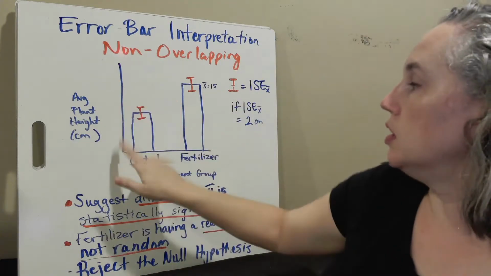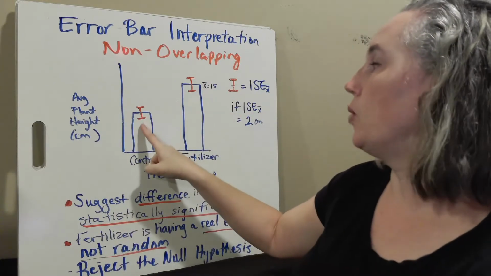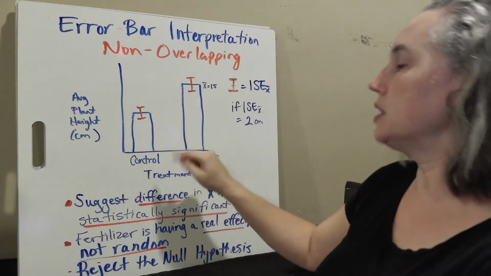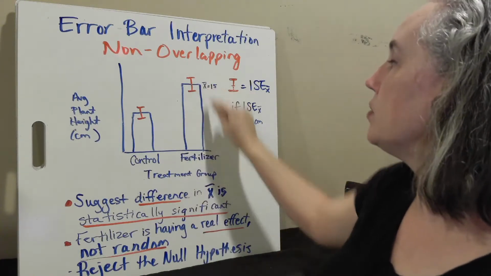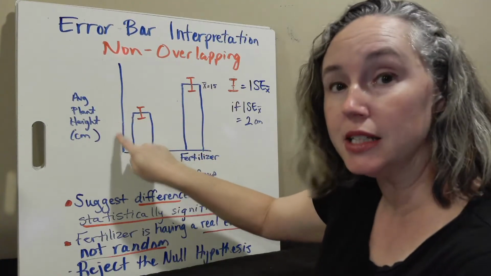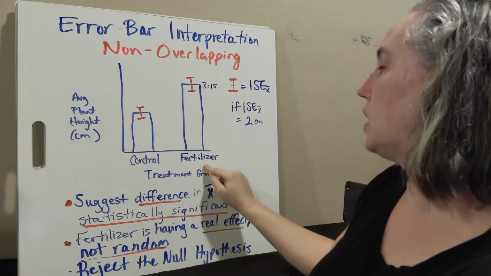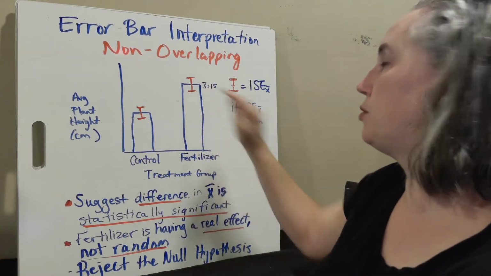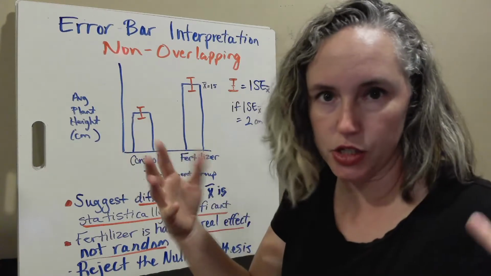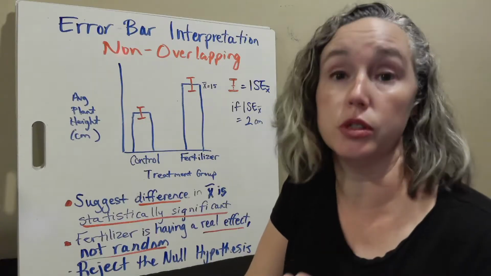So first of all, you would see groups or points with these I bars. So in this case, we have a bar graph. So the top of the bar represents the average plant height in centimeters. So let's say in this example, the fertilizer group had a mean of 15. Now, let's say after doing all those calculations, we figured out that standard error of the mean was 2.